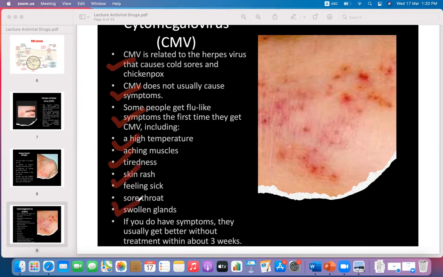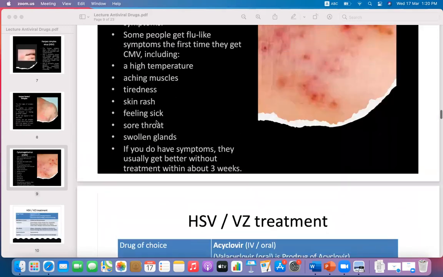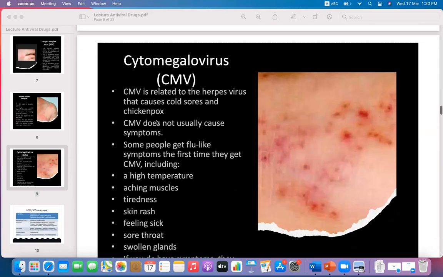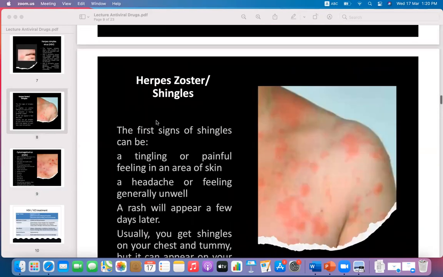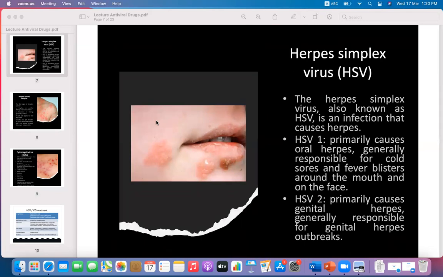If you do not have symptoms, it usually gets better without treatment within about 3 weeks. Let us discuss the treatment of cytomegalovirus, herpes zoster, varicella zoster, and herpes simplex virus.